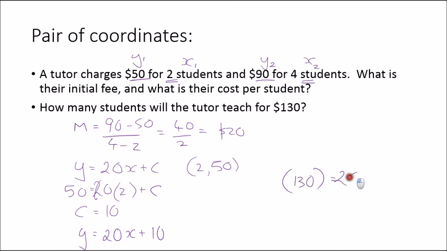So 130 equals 20x plus 10. Then I've just got to use the algebra that we've learned in the previous topic to get x by itself. So I'm going to take the 10 over the other side. So I'm going to get 120 equals 20x. Then I'm going to divide both sides by 20. They will cancel, and what I'm left with is x equals 6. So 6 students can be taught for a cost of $130.